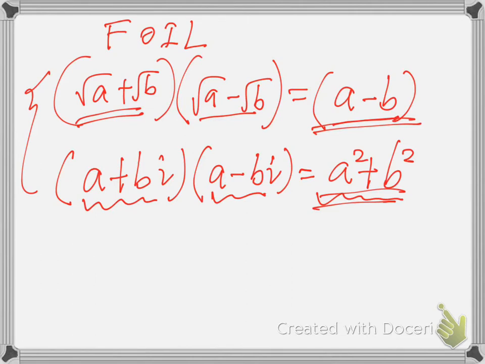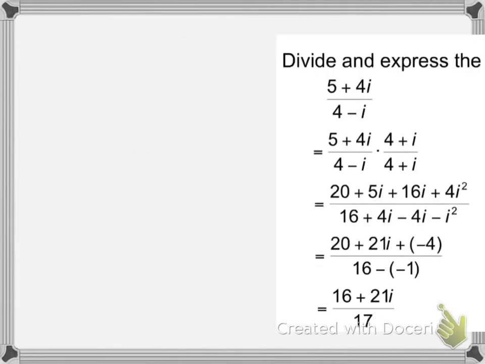So let's look at the division of complex numbers. Numerator is 5 plus 4i. Denominator is 4 minus i.